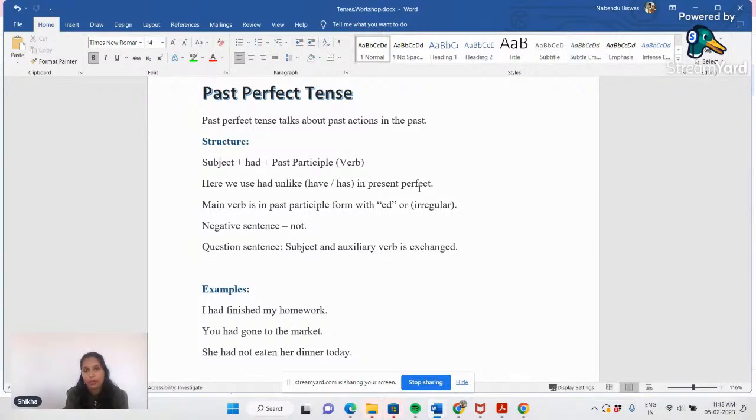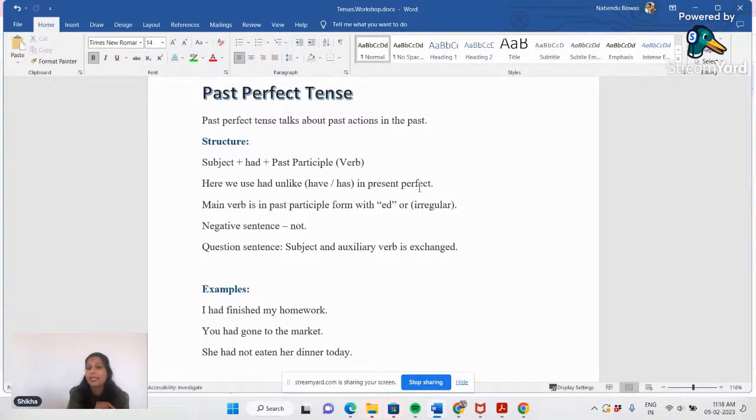Say, for example, here is a sentence for you: Ramana has gone to his village, and Ramana had gone to his village. What is the difference between these two? If I say Ramana has gone to his village, that means at present he is in his village only. Few days back he went to the village.